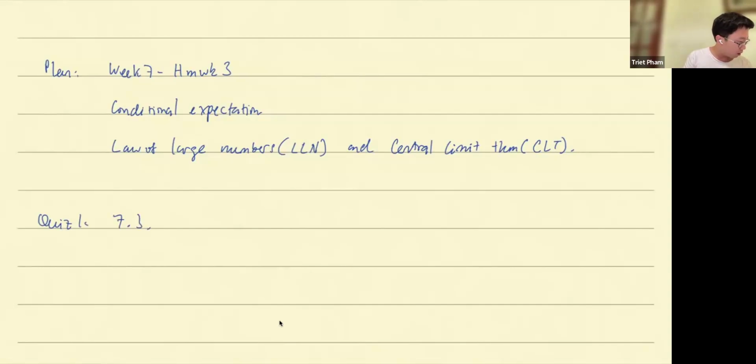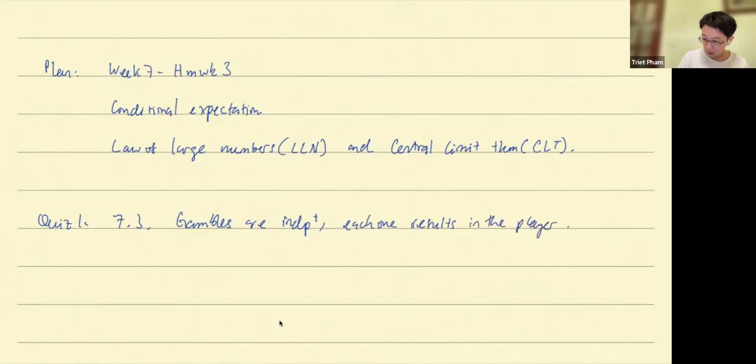So it says gambles are independent. Each one results in the player equally likely to win or lose 1 unit.